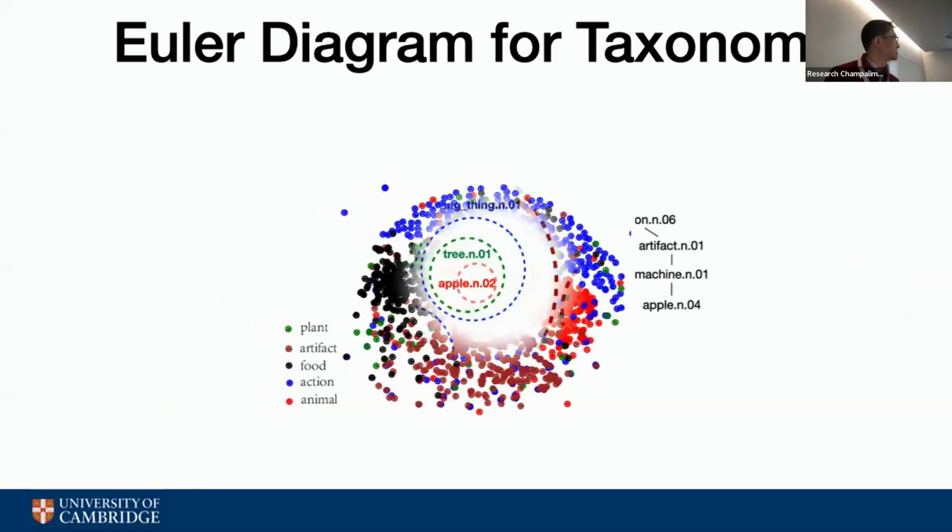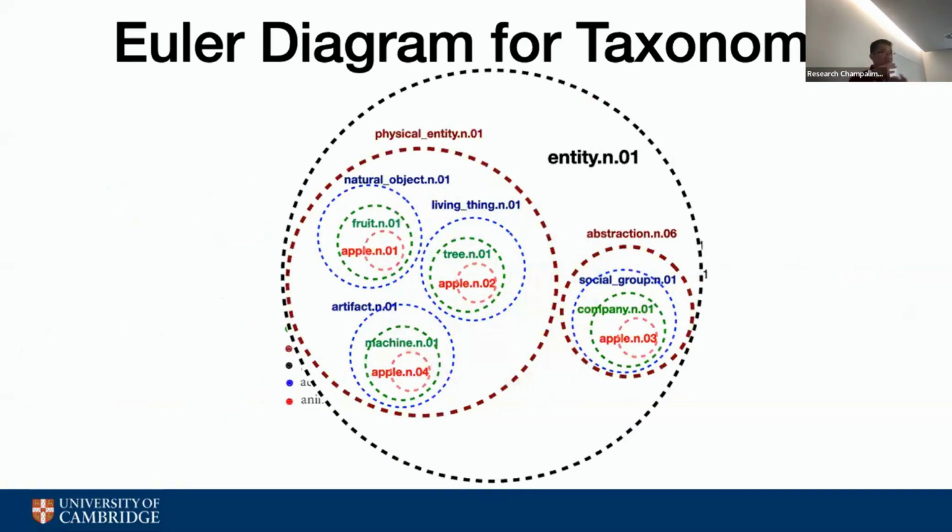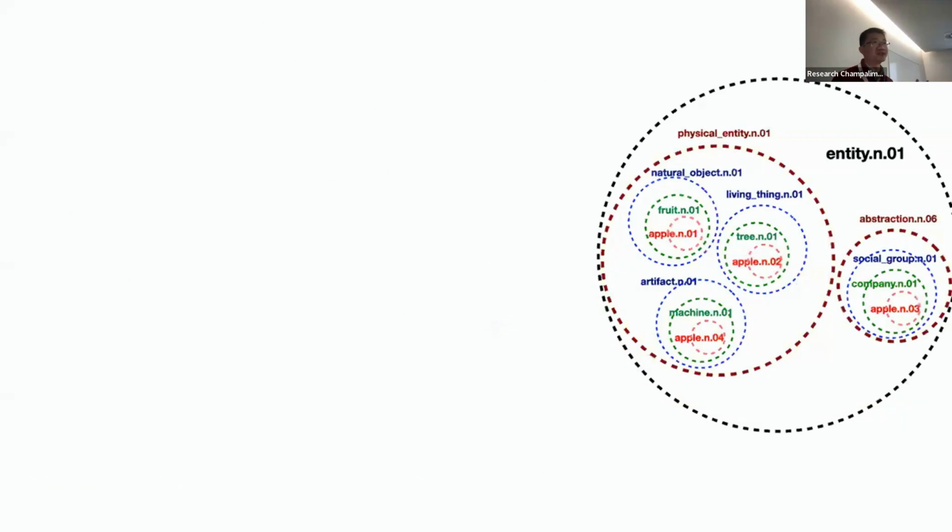So our method is that we make them create a nested sphere embedding to precisely encode this taxonomy. Then the classification is the shooting task.